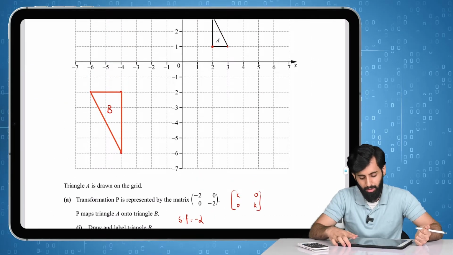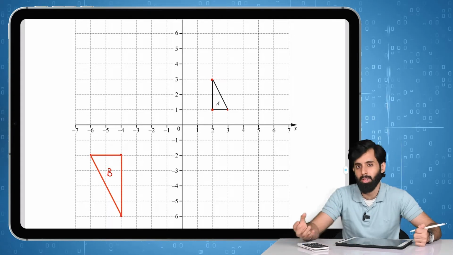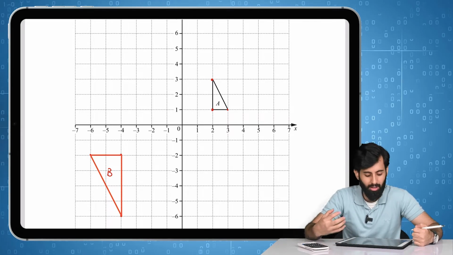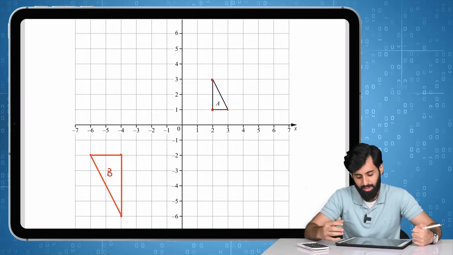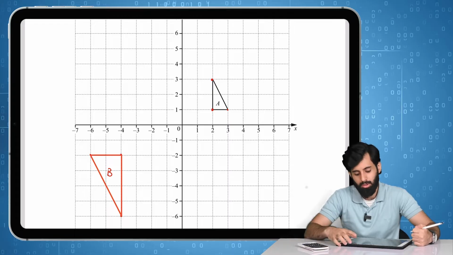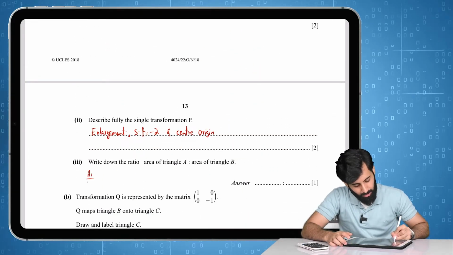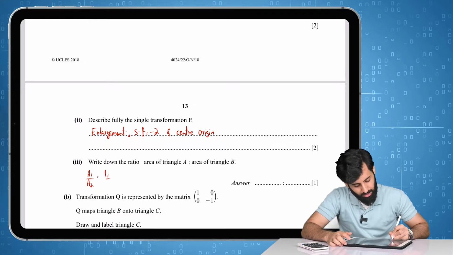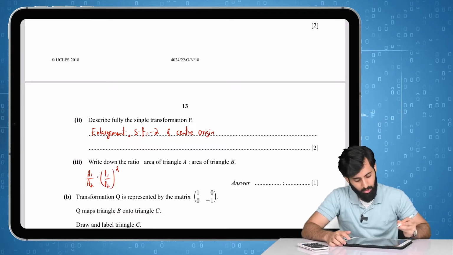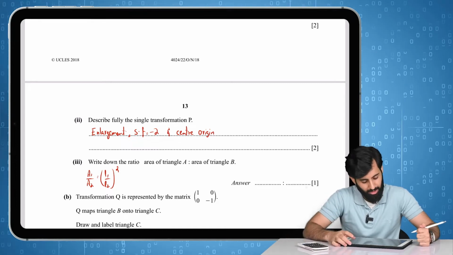When you've enlarged a triangle, what you get as a result is a triangle similar to the previous one. So triangle A and triangle B are two similar triangles. When that happens, you can use the formula A1 upon A2 equals L1 upon L2, the whole thing squared, where L1 and L2 are corresponding lengths of the two triangles respectively.